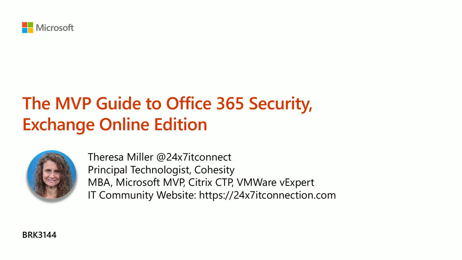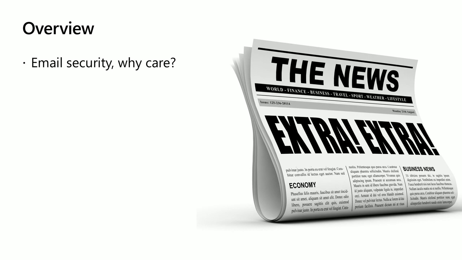So today we're going to be talking about the MVP guide to Office 365 security, more specifically as it revolves around Exchange Online. My name is Teresa Miller, and I will be taking you on this journey with me today. So my goals for what we're going to cover today revolve around, one, why do we care about email security?